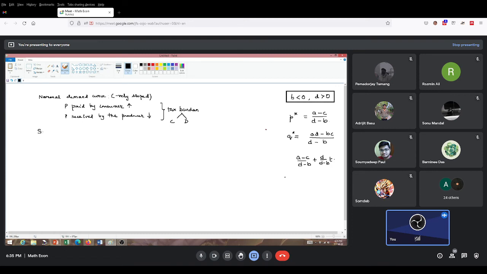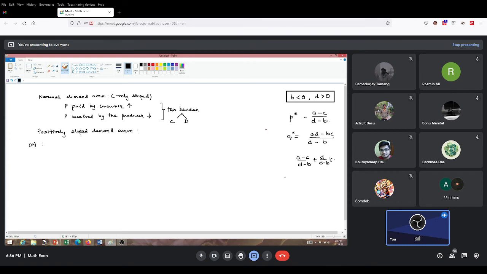If you have a positively sloped demand curve, one possibility is that you have multiple equilibria and so on. Let us drop this.